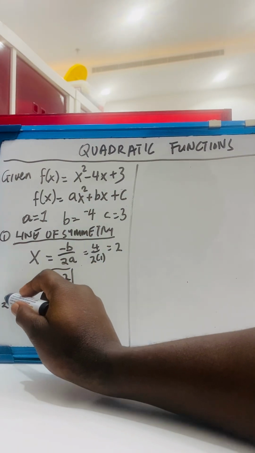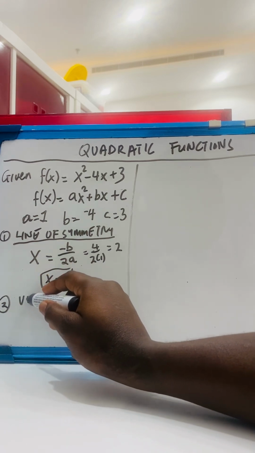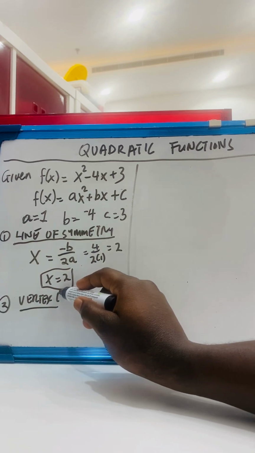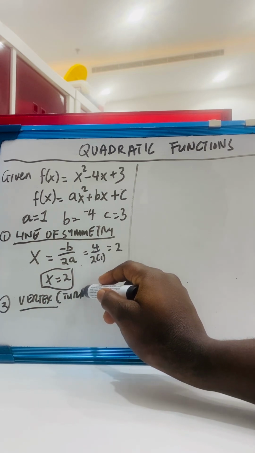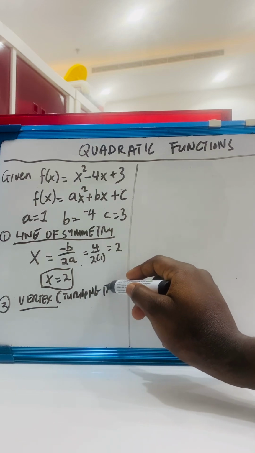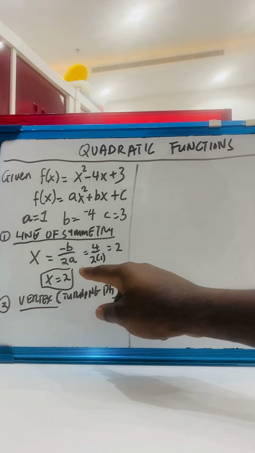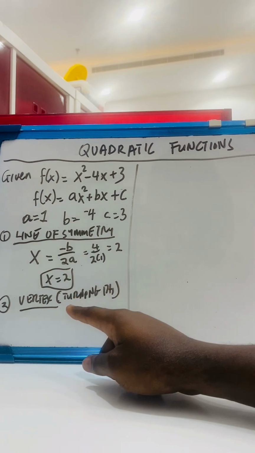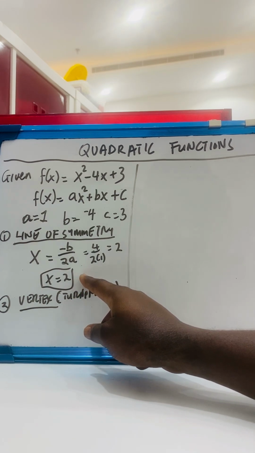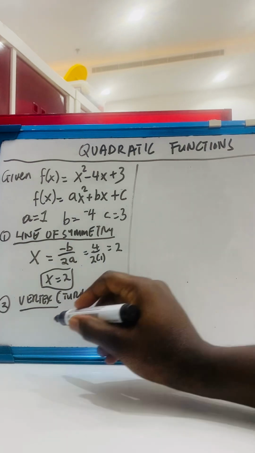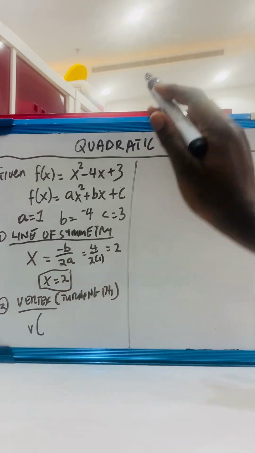The second property is to speak about the vertex, in other words, called the turning point. Now this vertex has the line of symmetry as its x-coordinate. So the line of symmetry x equals 2 is the x-coordinate of the turning point.